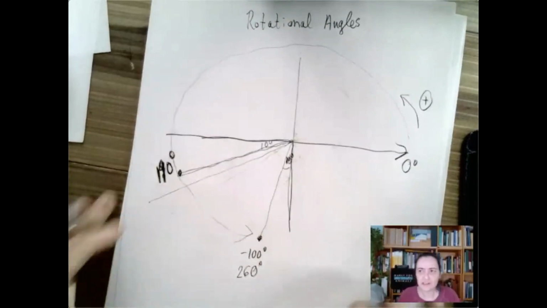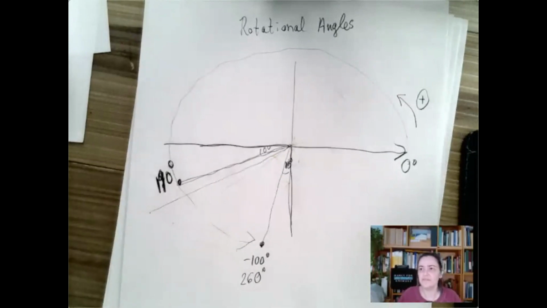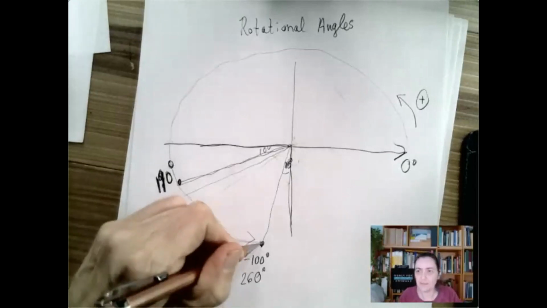So nothing is for free. With rotational angles, we can think of any number, stick a degree sign after it, as an angle, but there is payment for it. We have to pay dearly for it. There are now infinitely many angles that basically land us on the same point.